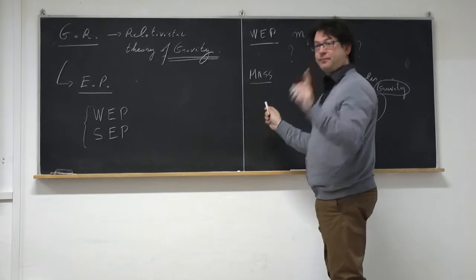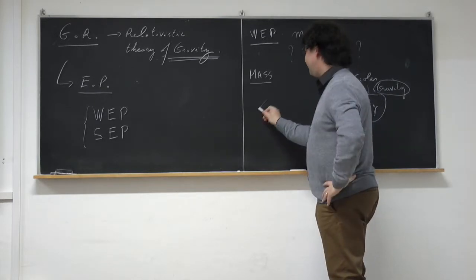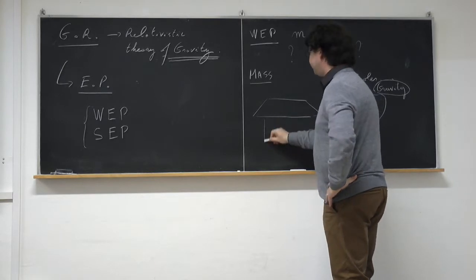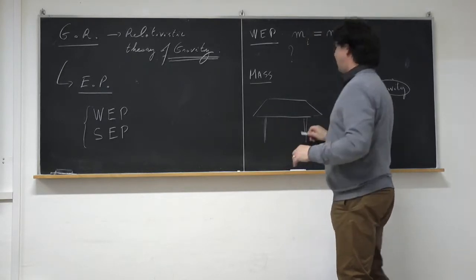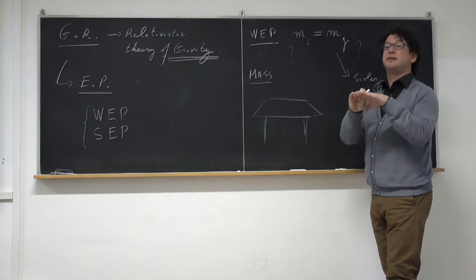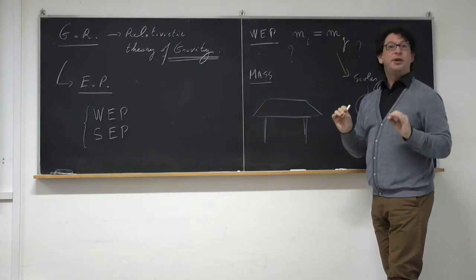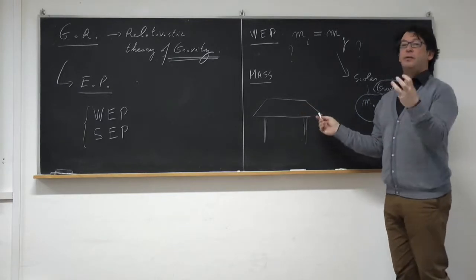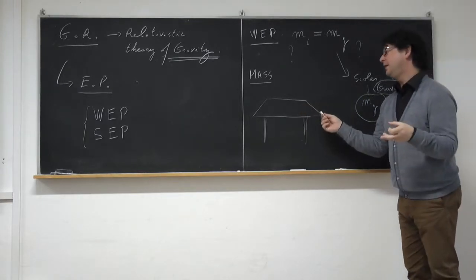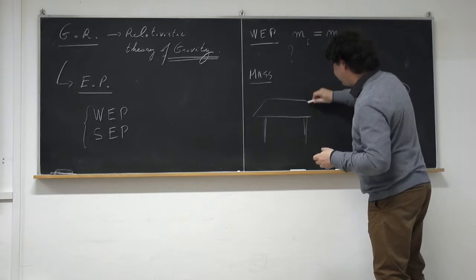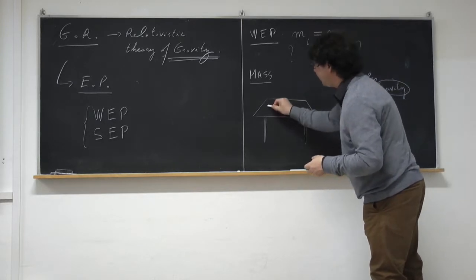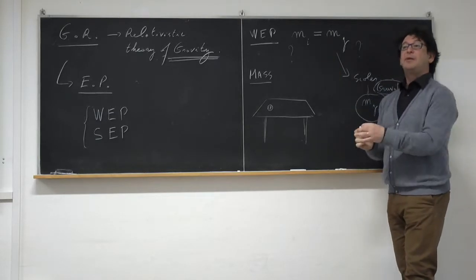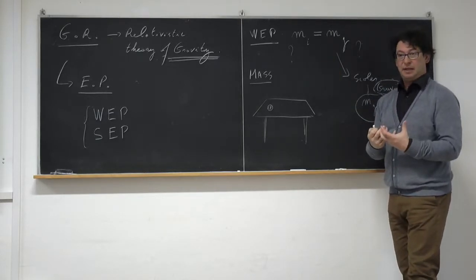How about that? Look, I have a table, a perfectly frictionless table. No friction. I know this is ideal, but you have to imagine that you are in an ideal physics laboratory, and you have an object, like this chalk, and you want to measure its mass.